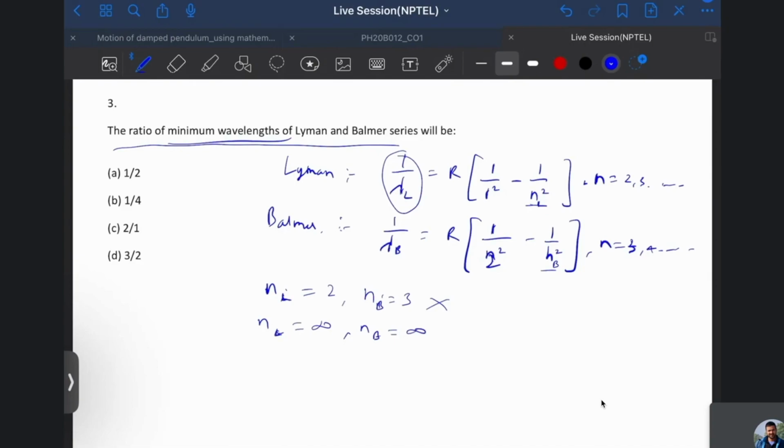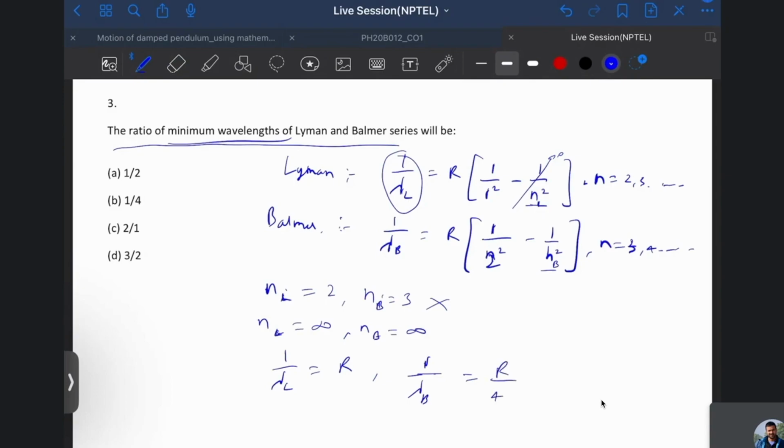So then we can calculate 1 by lambda L is equal to, it will just be R because this one is 0, and 1 by lambda B, so this is 0, so 1 by 2, R by 2 square, which is just R by 4.